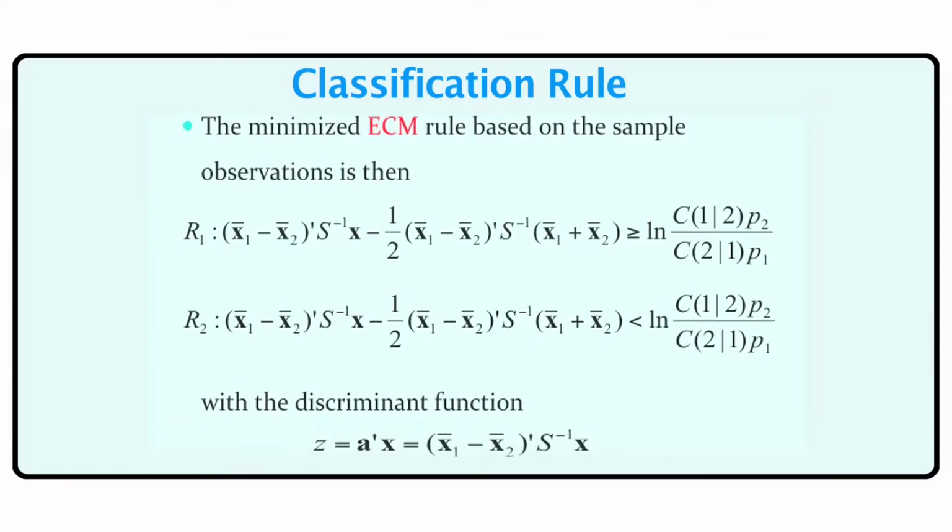In this case, the discriminant function would be Z equal to (x1 bar minus x2 bar) prime S inverse x. And again, as before, the first part of this is denoted by a, so it's a prime x.